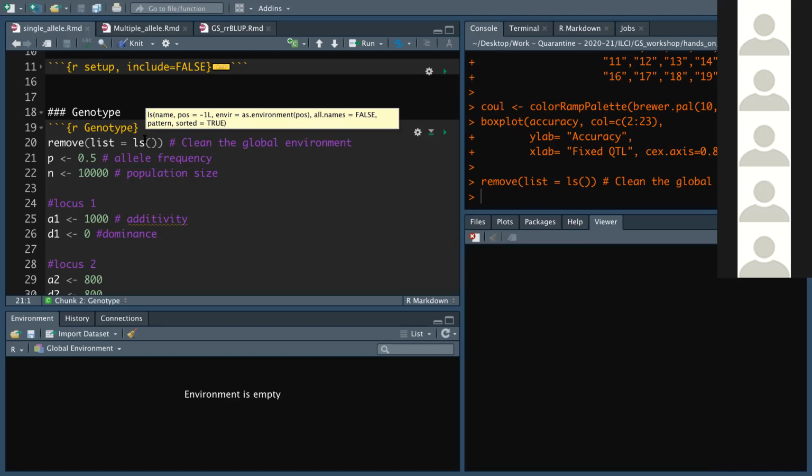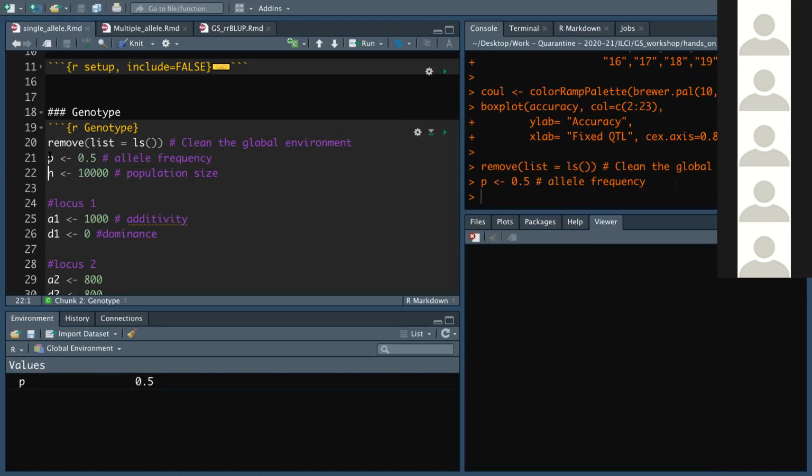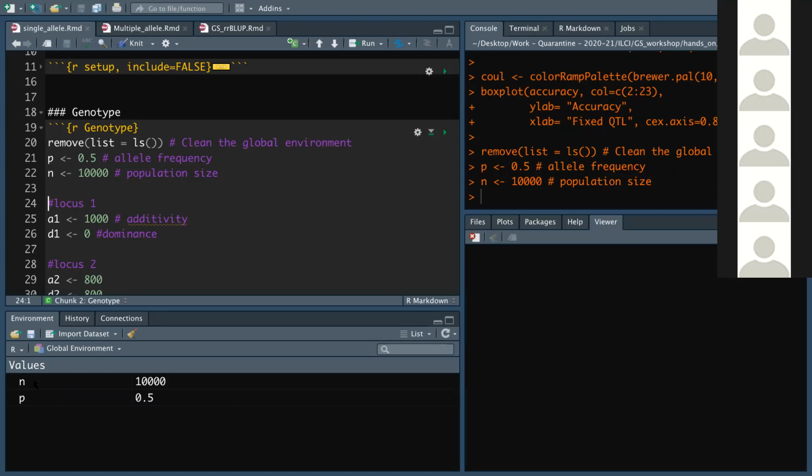For example, here I'm going to produce the allele frequencies of P. I mention this because I'm not sure if you are familiar with R or new to R. Each time that I store an object in R, it is going to be in the global environment.